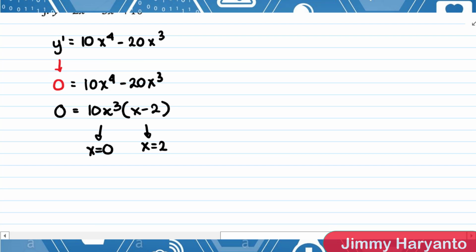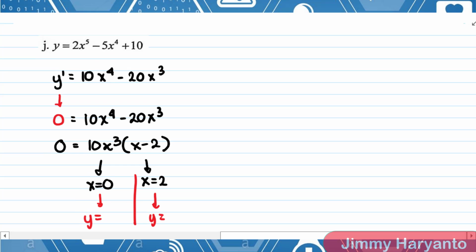And please remember that we have x to the power of 3, so we have x equals 0 thrice. For this one we can find the value of y, and we also can find the value of y for x equals 2.